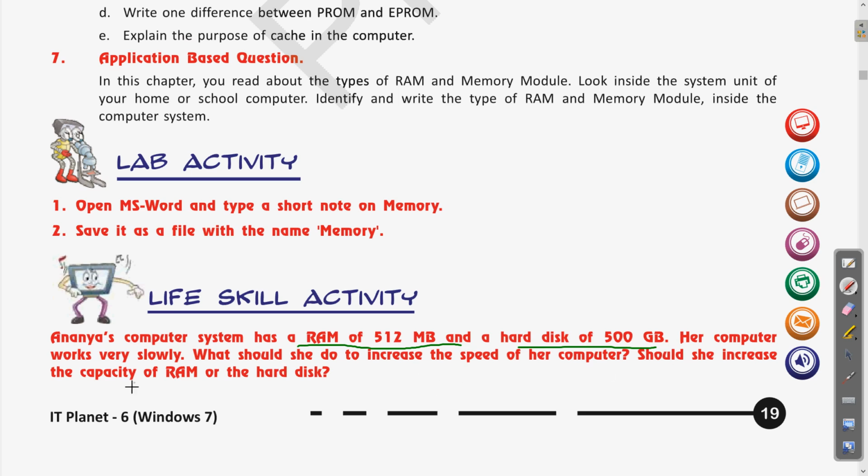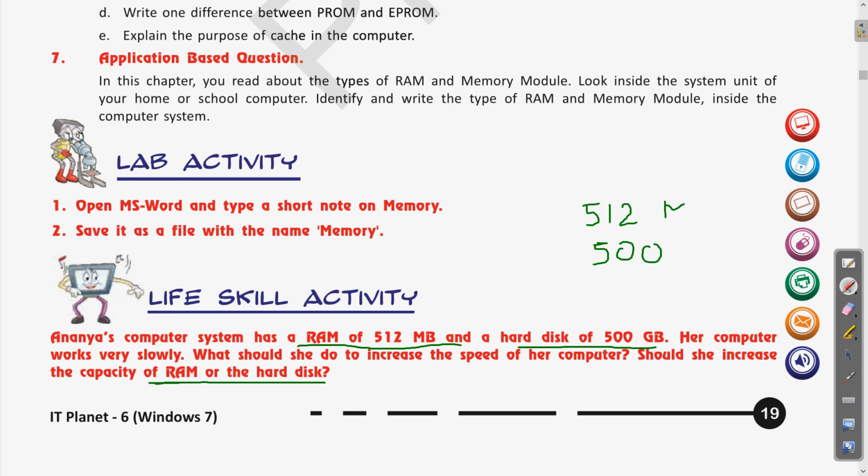Should she increase the capacity of the RAM or the hard disk? So the question is, what should be increased in this case when the RAM is 512 MB and the hard disk is 500 GB? If I ask which of the two numbers, 512 and 500, is greater, you will say 512 is greater. Everyone reads the maths. But here the unit is also written.